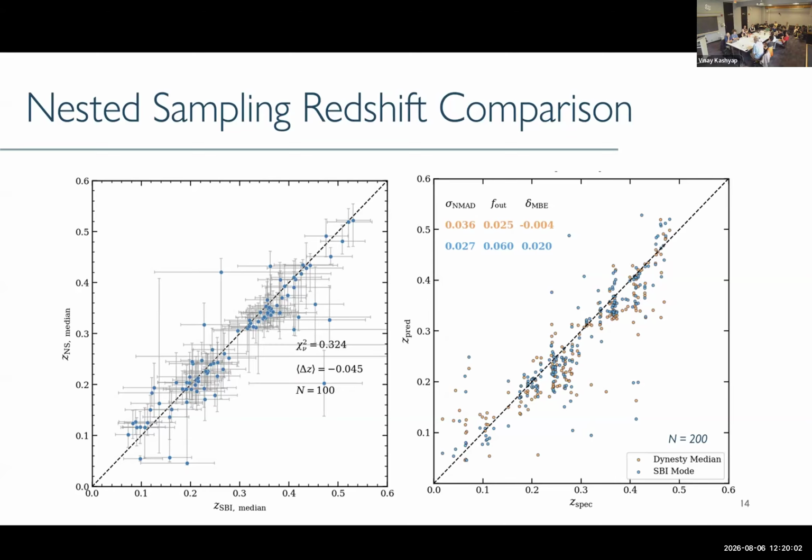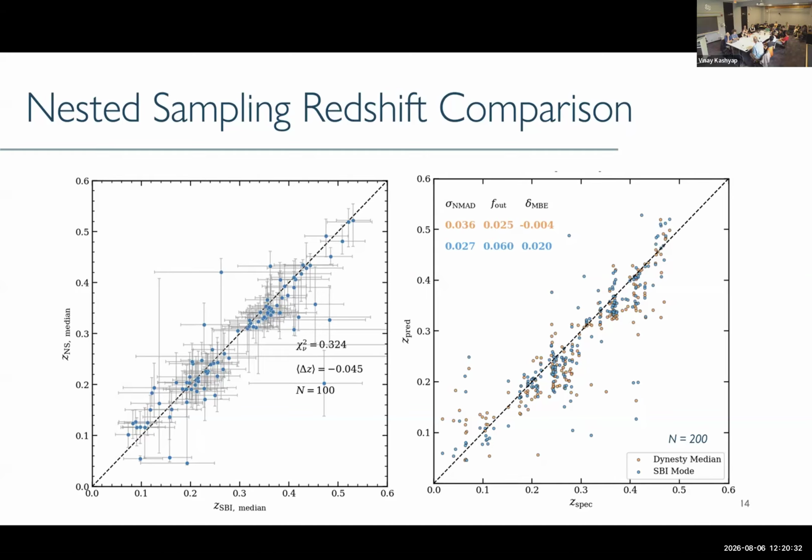I think there's a postdoc here at CfA named Anya Nugent who has been working on applying nested sampling to cross-spectral fits and comparing them to an SBI version called SBI++.